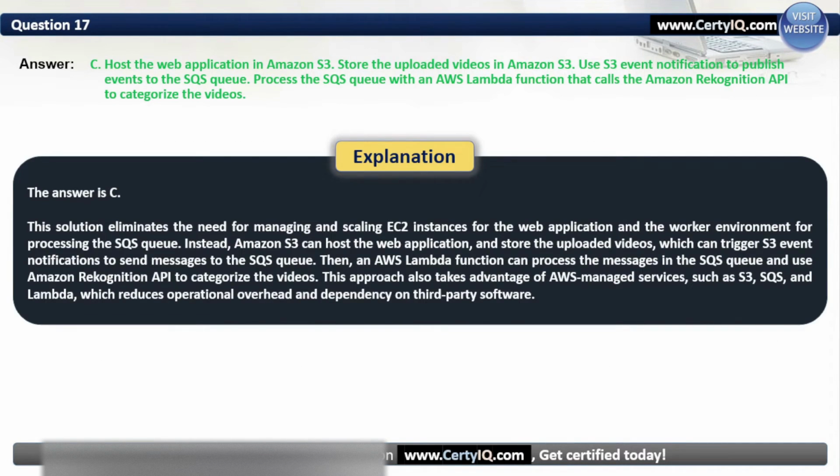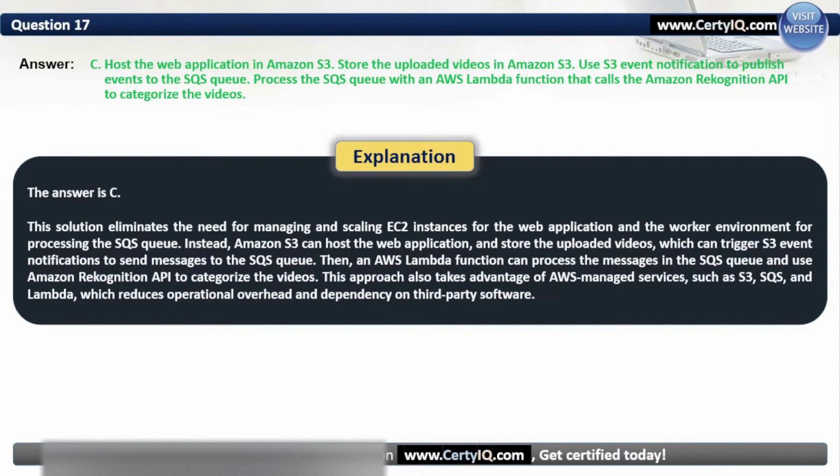This solution eliminates the need for managing and scaling EC2 instances for the web application and the worker environment for processing the SQS queue. Instead, Amazon S3 can host the web application and store the uploaded videos, which can trigger S3 event notifications to send messages to the SQS queue.